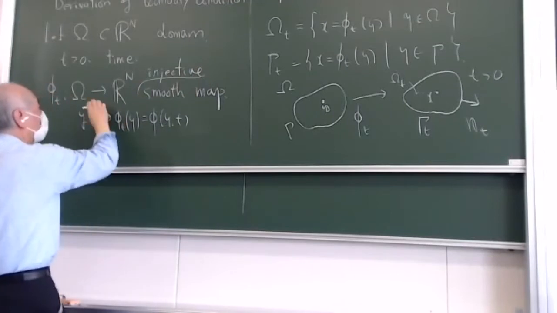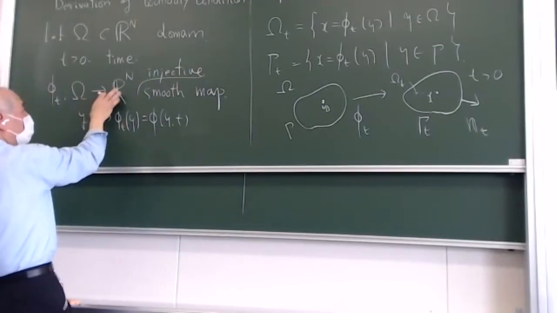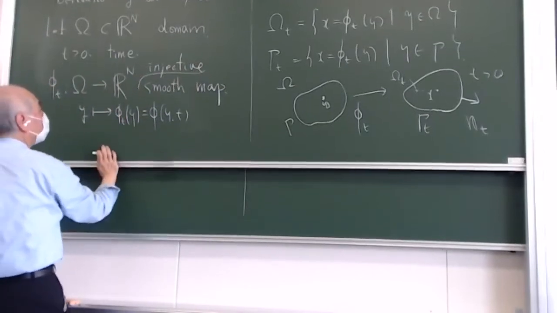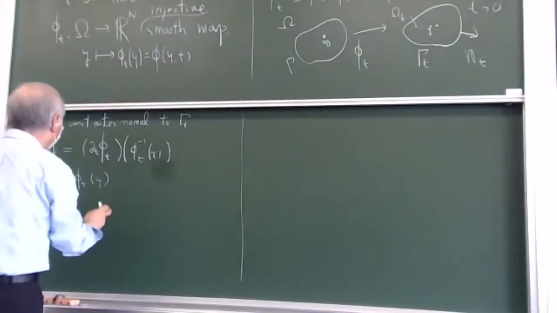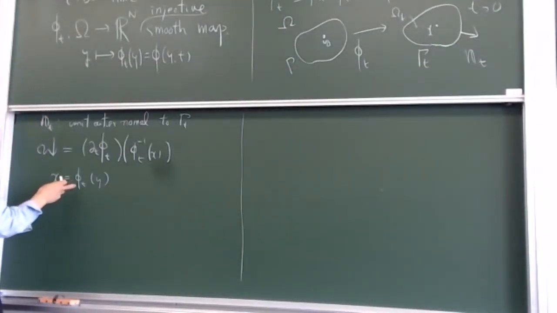Injective smooth map, so one-to-one. This correspondence is one-to-one. Same as last time, this correspondence is invertible.